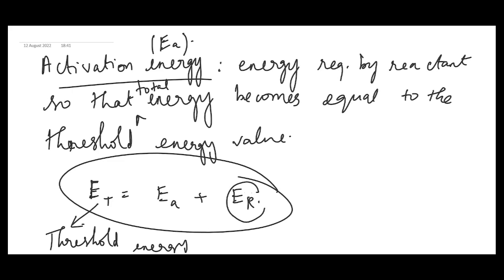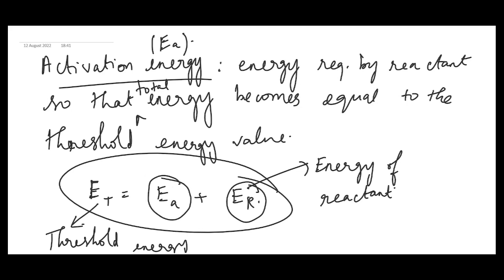This ER is nothing but the energy which the reactant possesses already before the starting of the reaction. Now this is the energy of the reactant. Now you can understand Ea very well. The energy that must be added to the reactant so that the total energy becomes equal to the threshold energy is called the activation energy, which is Ea.